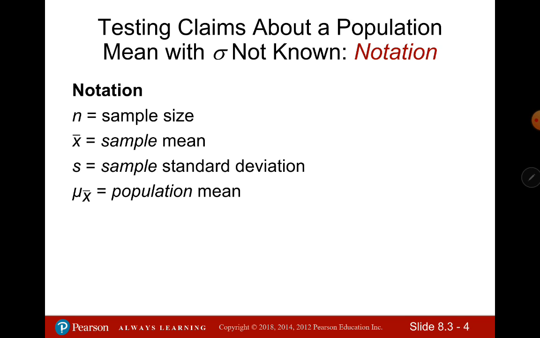And s is the standard deviation, also from the sample, so it's the sample standard deviation. In part 1, we focus on the case where sigma is unknown, so we need to use the sample standard deviation, s. And the population mean is mu.